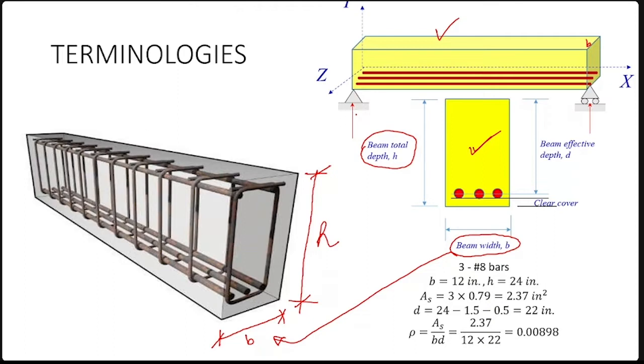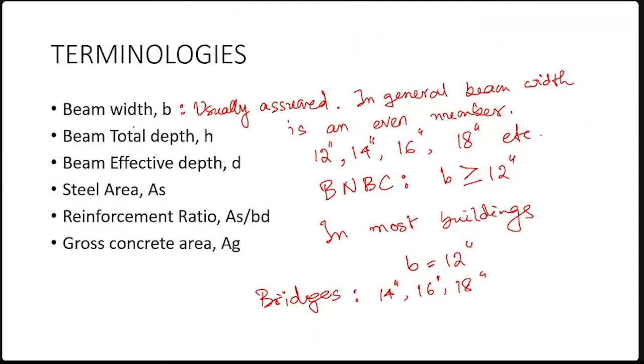Beam total depth is usually calculated. So it is not assumed, it is calculated. You just express it, beam total depth.